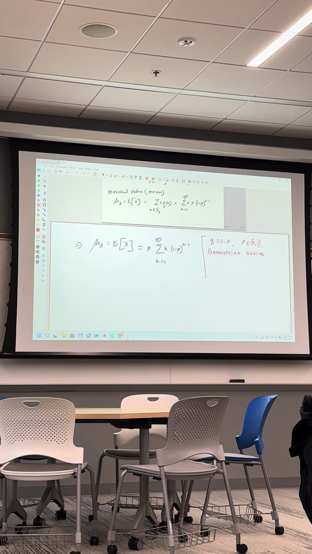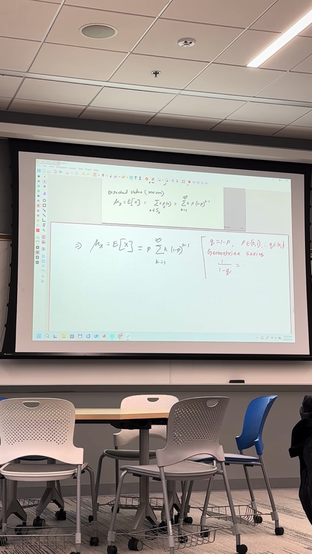Therefore, q has to be between 0 and 1. So in the geometric series, we can write 1 over 1 minus q as 1 plus q plus q squared plus, and so on.